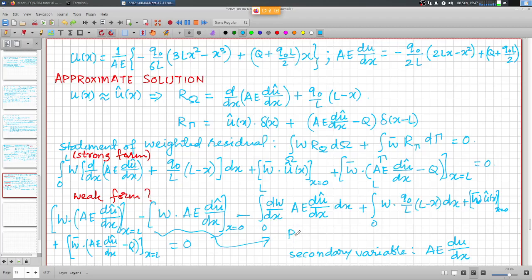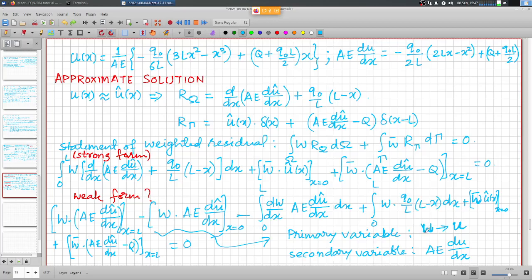And similarly the primary variable is w converted into the unknown of the problem, so that is u.